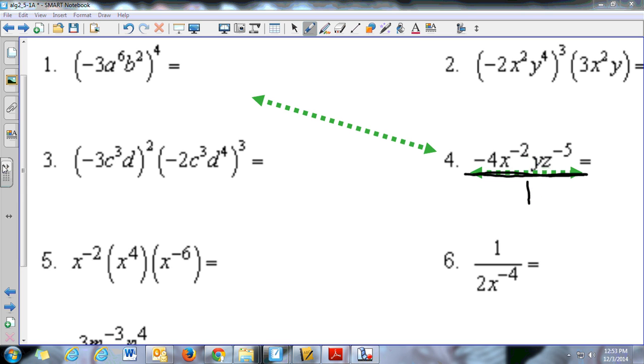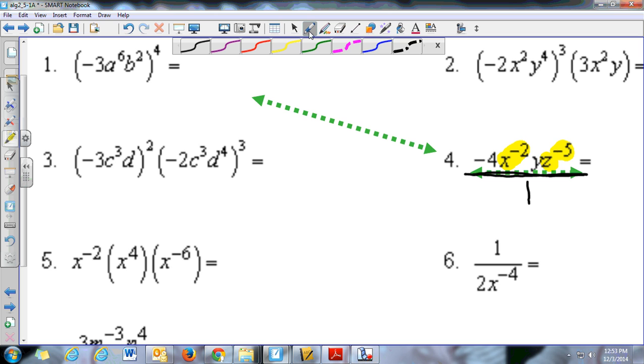And so by doing that, I got to start to apply those little rules for negative exponents. Variable, negative power. Variable, negative power. So what I'm going to do is take those variables and move them each into the denominator of that fraction. So let's think about this.